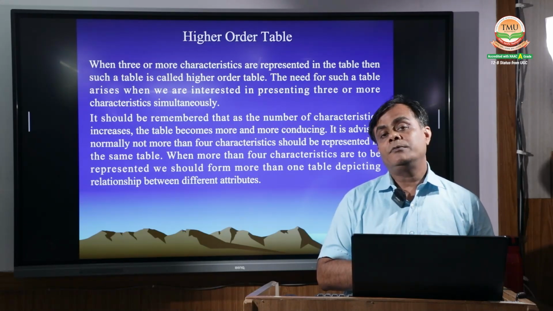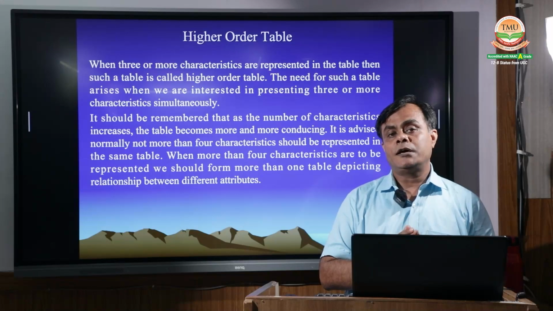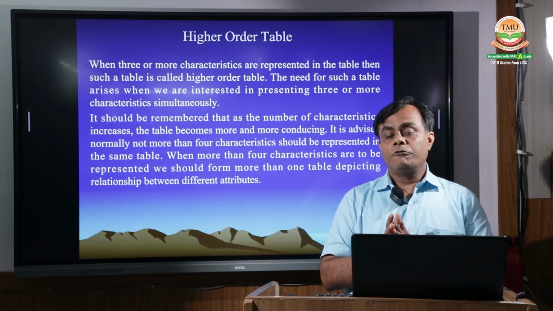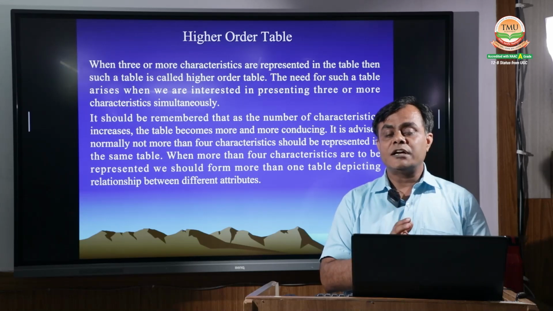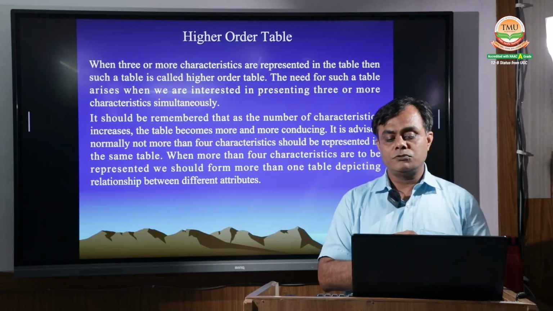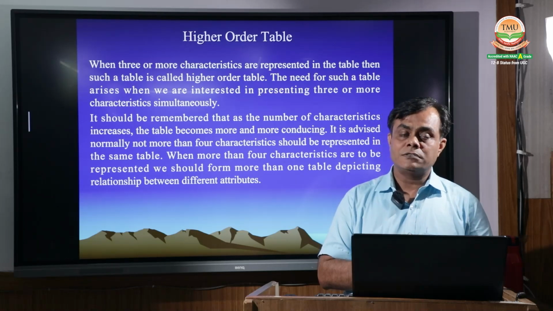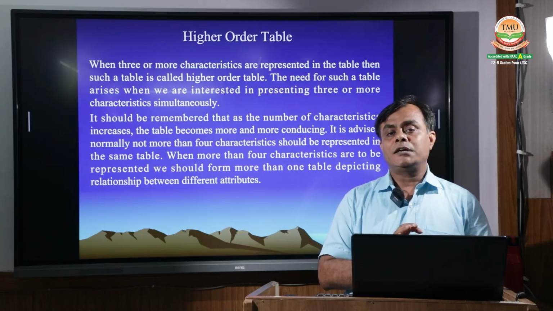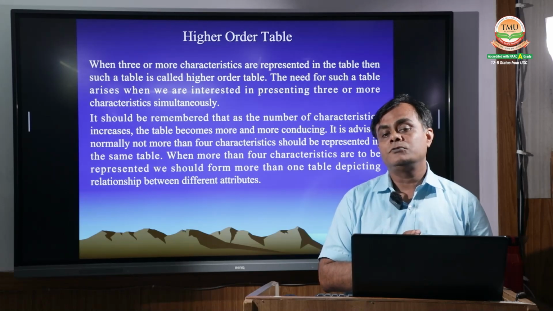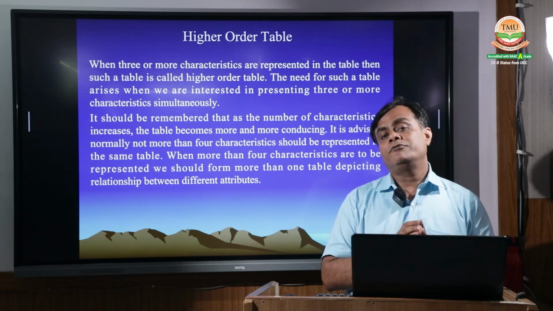So the higher order table is also important, and in it is very easy to present various information in one place, but there is a certain limitation: you should not use more than 4 characteristics in one table. That is not easily accepted and does not make for better understanding for the readers.